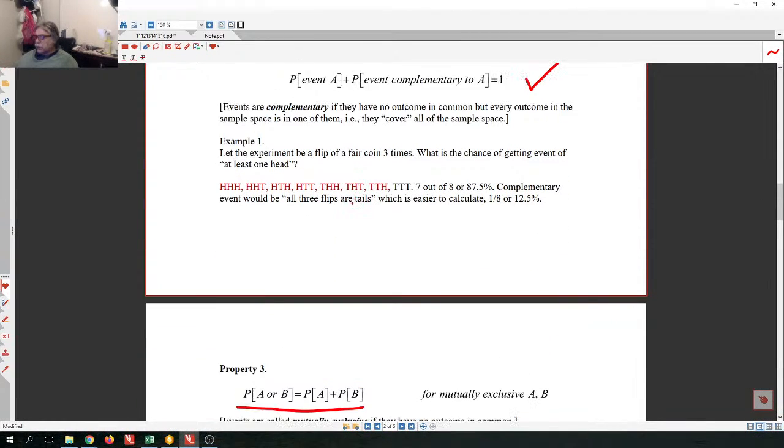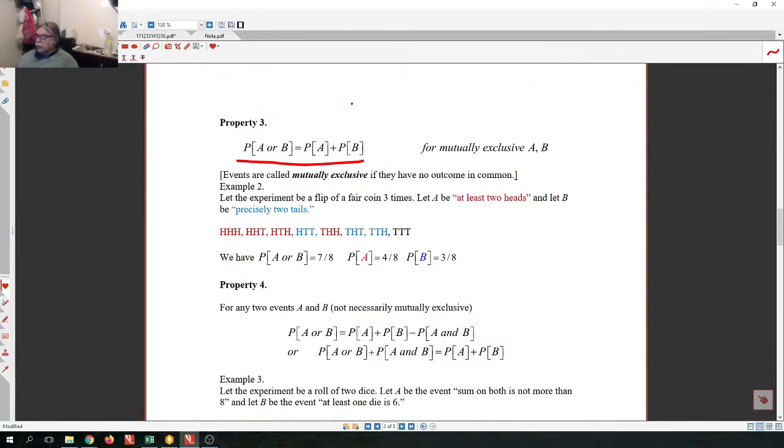As a matter of fact, when you think harder, you'll find out that property 3 follows from property 4. If the events are mutually exclusive, they have nothing in common, then the probability of A and B is 0, because there's nothing in A and B. So that term would simply be missing, and you have the first part, which is exactly what you have here.